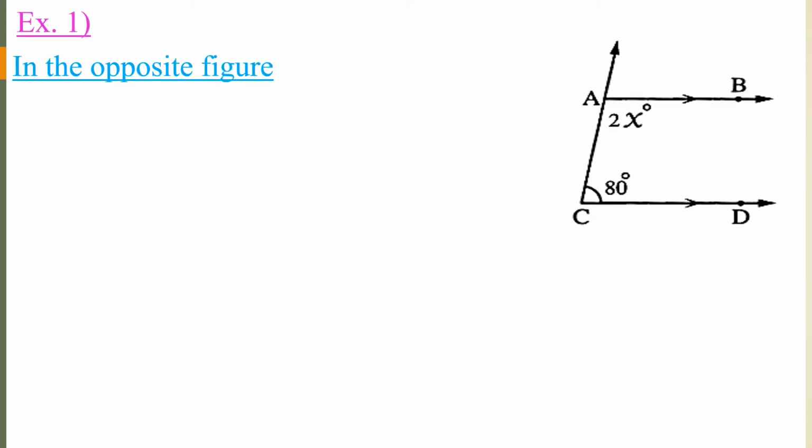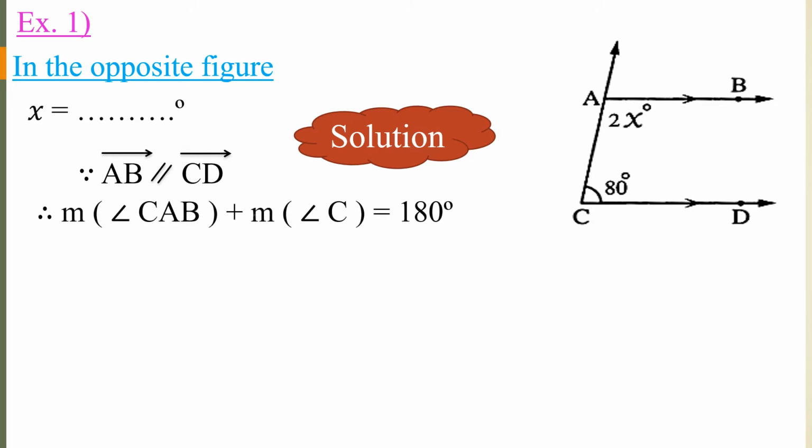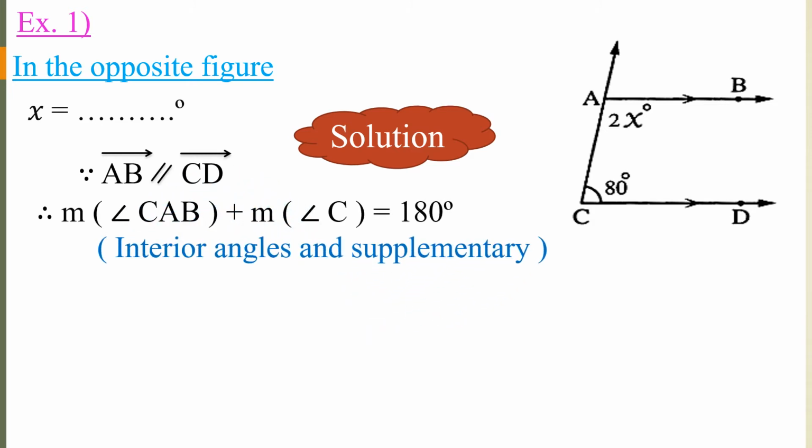Example number 1. In the opposite figure, find the value of x. Since AB is parallel to CD and CA is a transversal, then measure of angle CAB plus measure of angle C equals 180 degrees, interior angles and supplementary.